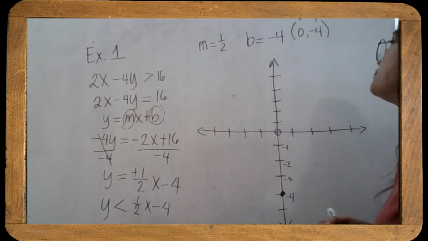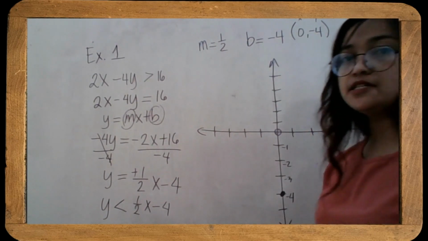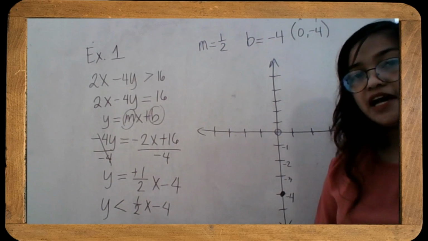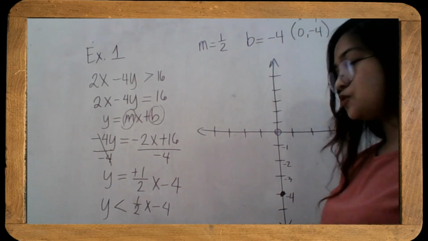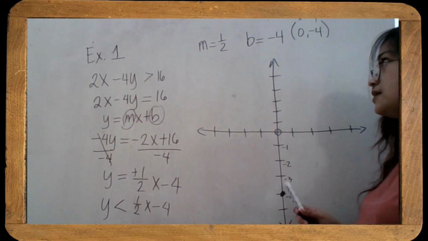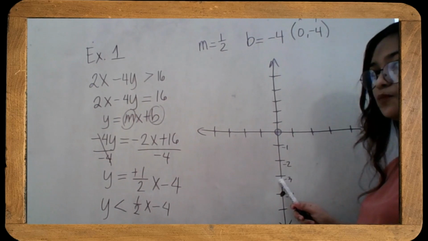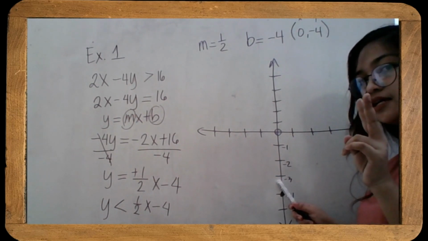And then, we have the slope 1/2. So that means, gagamit tayo ng rise over run. Okay? So from this point, 0, -4, magra-rise daw tayo ng isa, tapos, move tayo ng dalawa sa right.